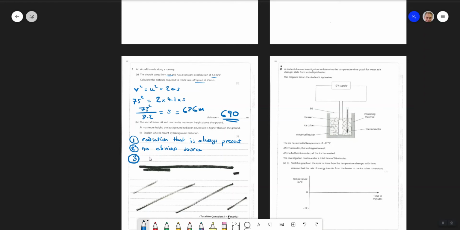Your big ones are things like radon, rocks, cosmic rays, etc. So anything that's a named reasonable source gets a mark for that.